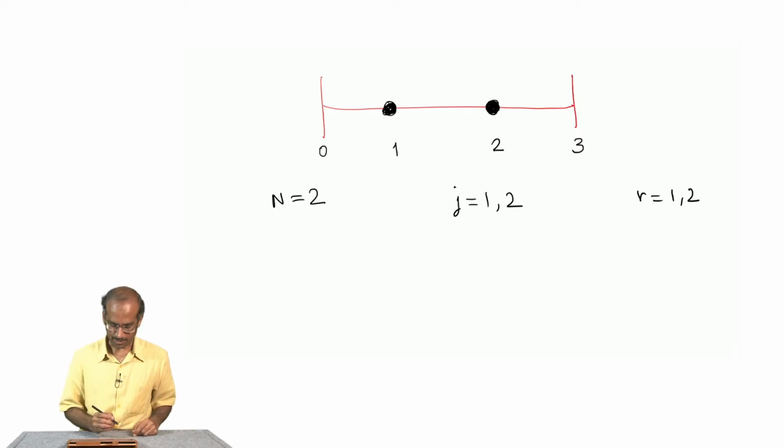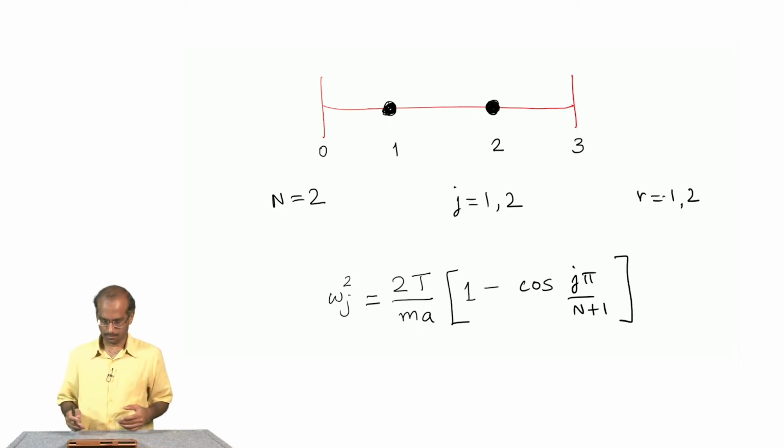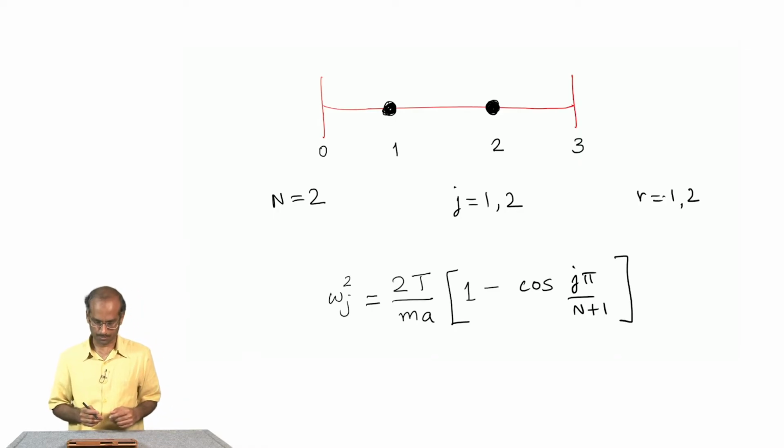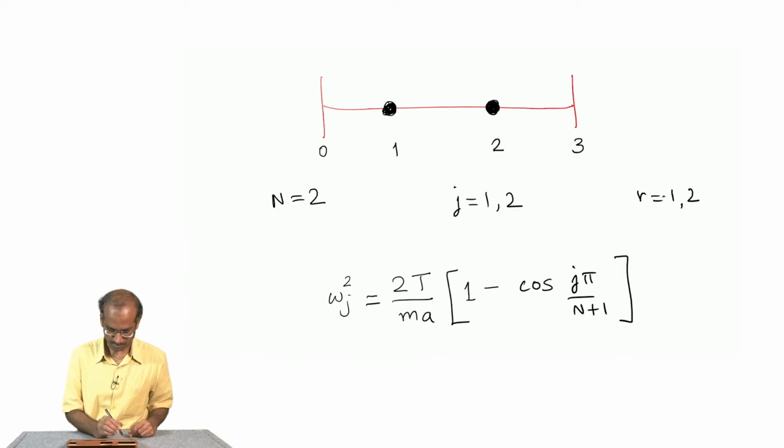So, let us see if we can first get the known results. Let us first get the normal mode frequencies. So, I have this expression that we derived earlier. I just need to plug in all the values. So, if I do that, let us first get the lowest frequency.